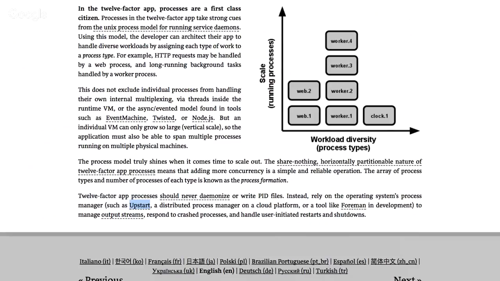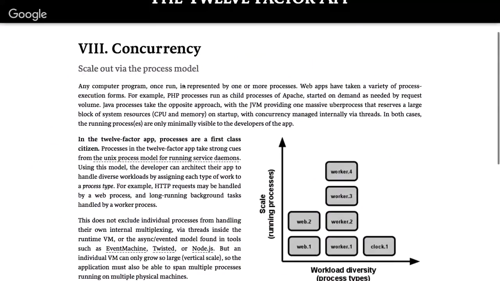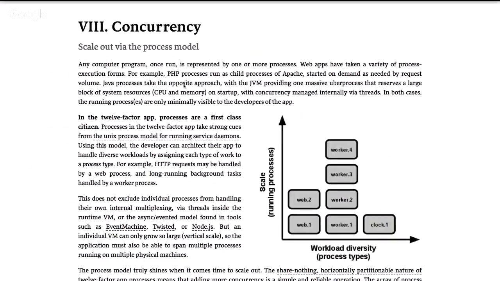To summarize concurrency, in a 12-factor app, processes are first-class citizens. They're modeled after the Unix process model. Because processes don't share state, they can be scaled horizontally with very little effort.